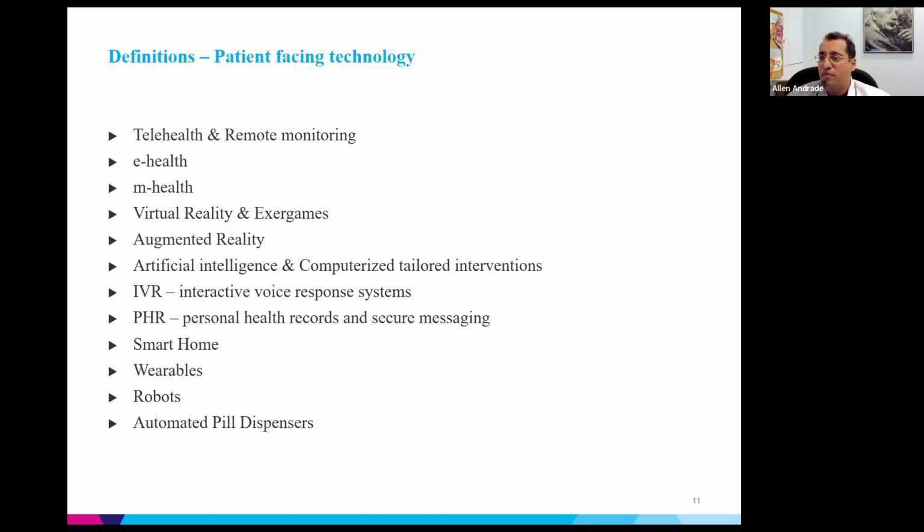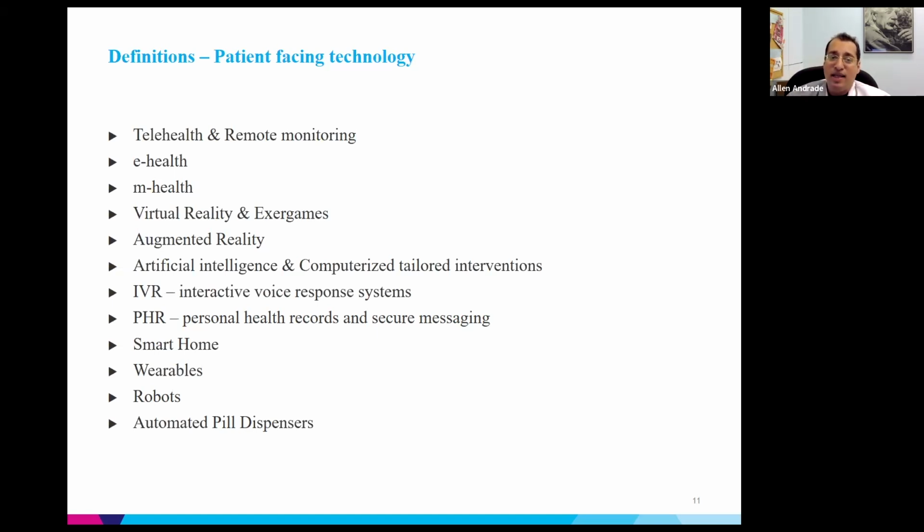There's a lot of excitement about the use of artificial intelligence and computerized technology interventions, as well as interactive voice response systems. Interactive voice response systems have been around for some time. They are the ones when you call and you get an automated message and you have to dial a different number to go down a pathway.